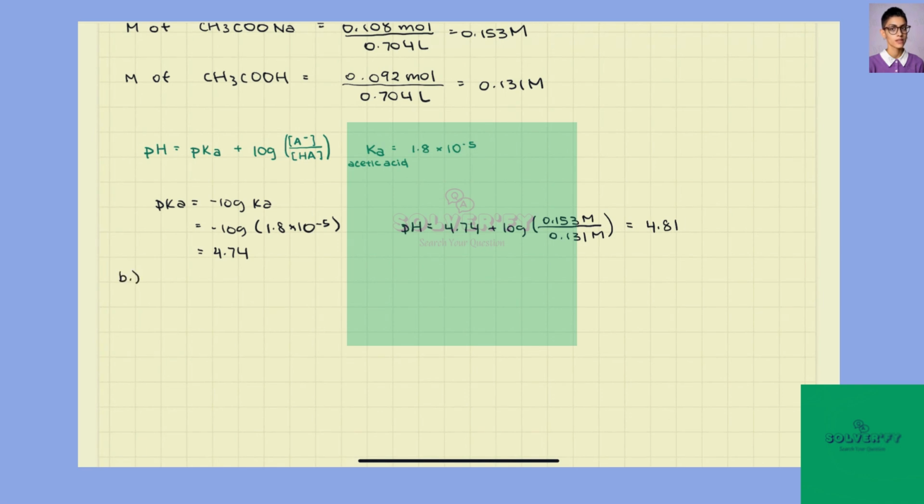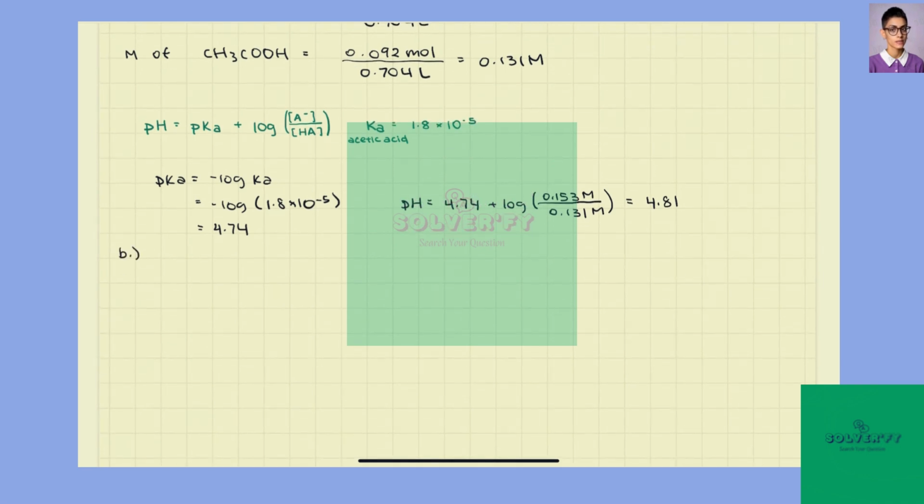For part B, since we are trying to find how many grams of KOH must be added to the 0.5 liters of buffer to change the pH by 0.15 units, we can first solve for the change. So our pH is 4.81. Let's add 0.15, and after the change, our pH would be 4.96.